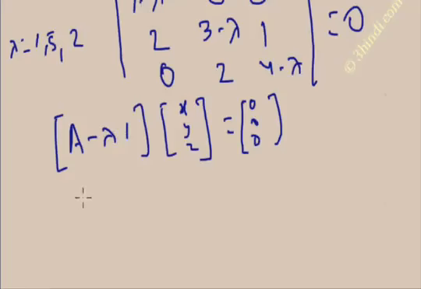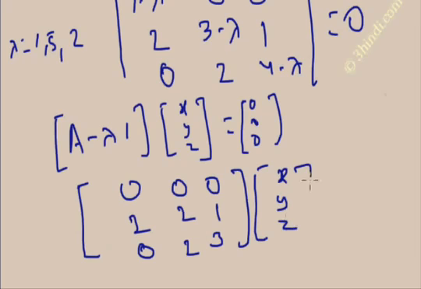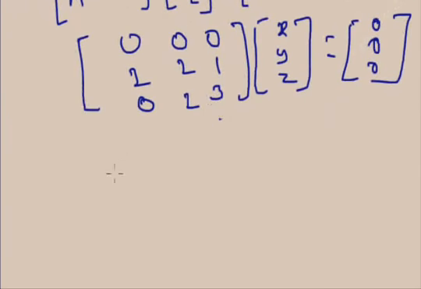To solve this, I am putting 1, so it becomes 0, 0, 0, 2, 3 minus 1, 2, 1, 0, 2, 4 minus 1, 3, into x, y, z equal to 0, 0, 0. From the first row, I will not get any equation.